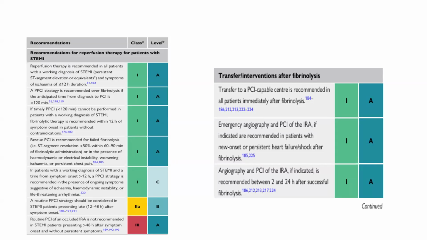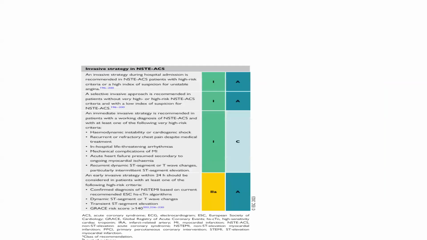A transfer to a PCI capable center is recommended in all patients immediately after fibrinolysis. Emergency angiography and PCI of the infarct-related artery, if indicated, are recommended in patients with new onset or persistent heart failure and shock after fibrinolysis. Angiography and PCI of the infarct-related artery, if indicated, is recommended between 2 to 24 hours after successful fibrinolysis.